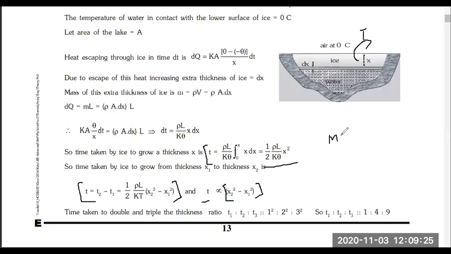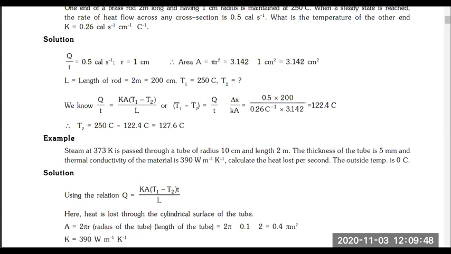When you talk about mL, whose mass do we take? Ice's. So this is the density of ice. Got it? So you can just go through the problems based on this.